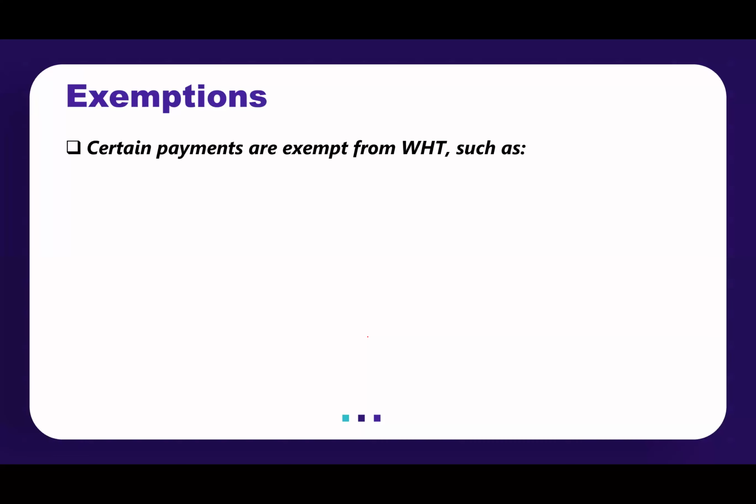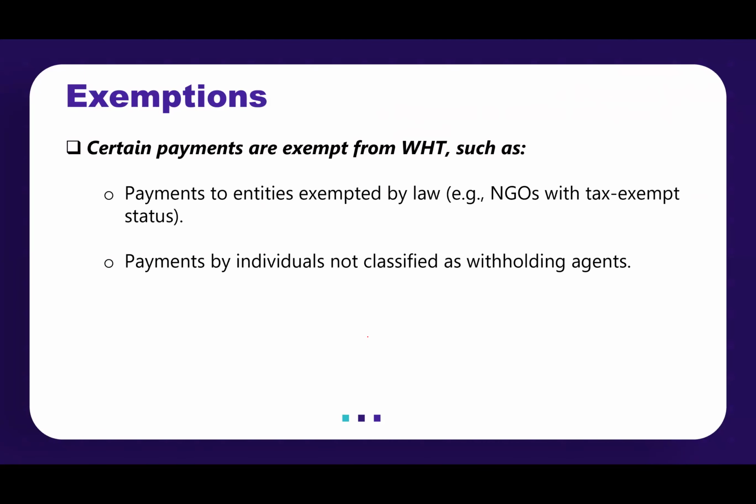So certain payments are exempt, like payments to entities exempted by law. If I'm an exempt organization or withholding exempt taxpayer, you're not supposed to withhold. Then if you are not a withholding agent, be careful. There are some people who will withhold 15% or 6% from your payment, yet they are not classified as withholding agents.